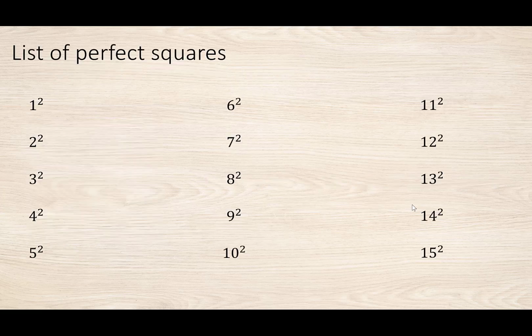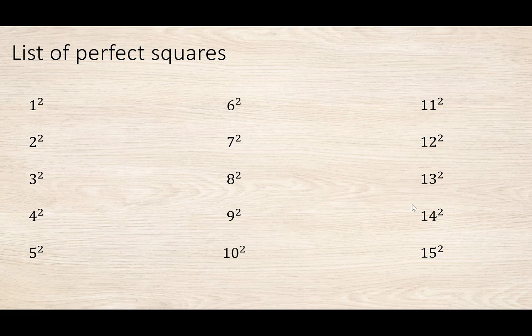For the purpose of this class, you're going to need to know how to find all perfect squares, right? Taking the base and multiplying it by itself. But these are some of the most basic ones that you should really just have memorized, right? So it starts off with 1 squared, 2 squared, 3 squared, 4 squared, all the way to 15 squared. They're the most basic ones that we're going to be using over the next few years in school.